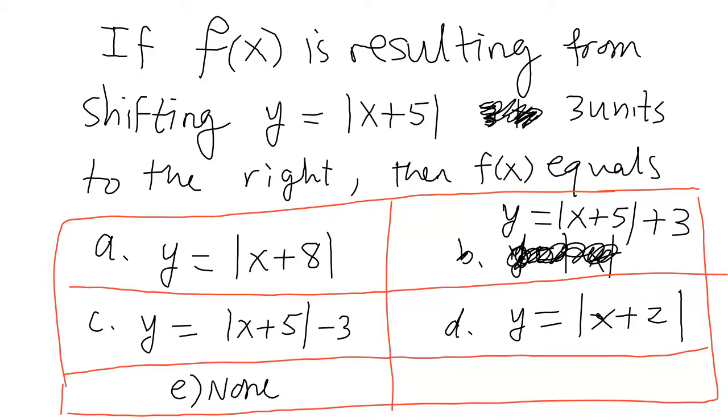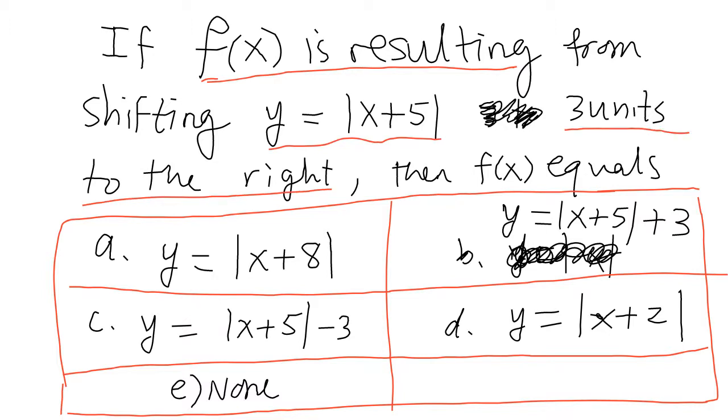So 4 students answered D, 2 with C, 2 with B, and 1 for A. Let's check. So this function f of x is resulting from shifting this curve 3 units to the right. 3 units to the right means I have to replace x with x minus 3.